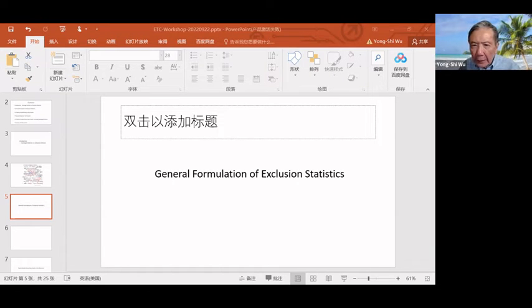Then this distribution satisfies this equation, and this W_i satisfies an equation like this.